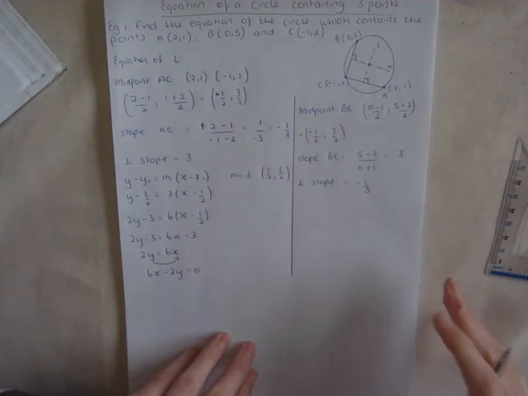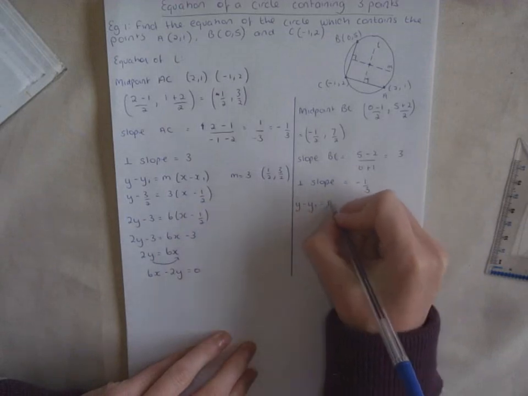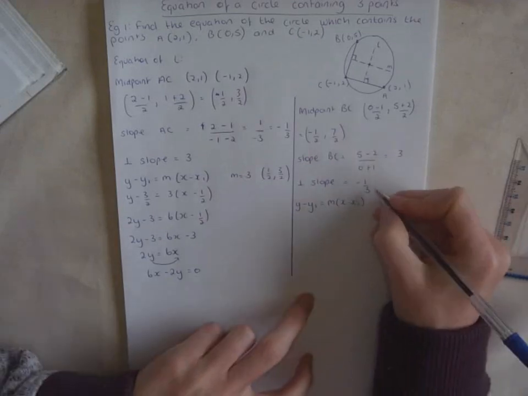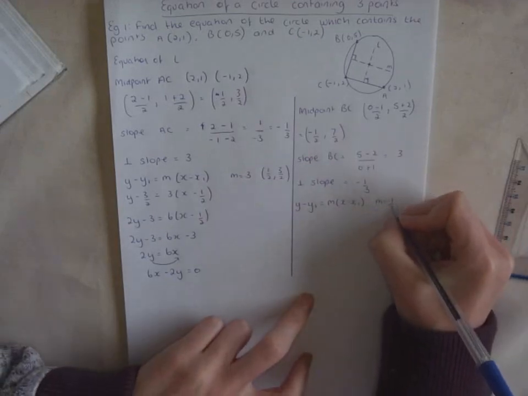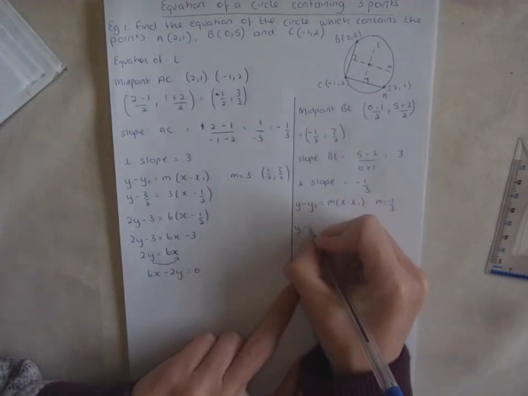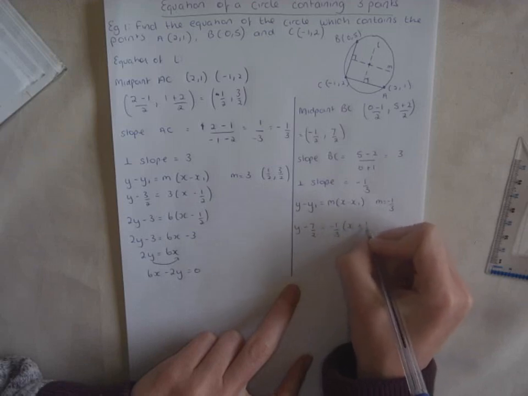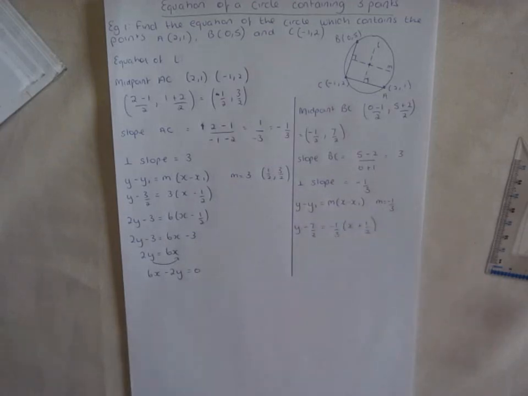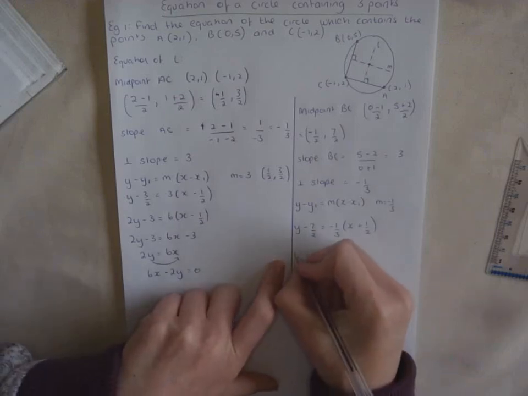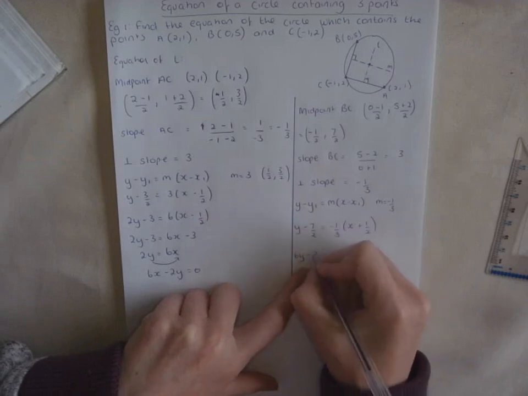Okay. Now I can again do the equation of a line, so y minus y1 equals m(x minus x1), but this time my slope is minus a third, and this is my point here. This time I'm going to multiply everything by 6 to get rid of the fractions, because I know 2 and 3 both go into 6. So 6y, and minus 2 goes into 6 3 times, so 3 sevens are 21.